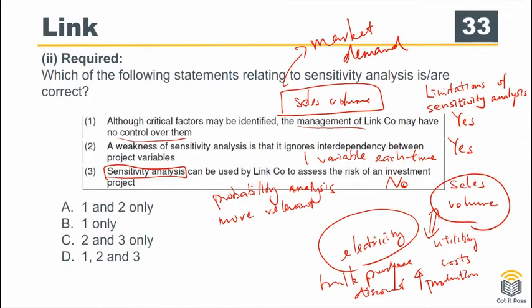So you can assess the risk of the outcome, what it will be. So probability analysis is much more relevant to assess the risk of an investment project.